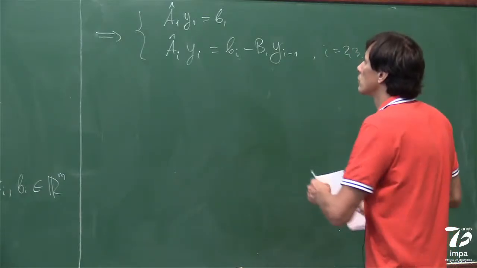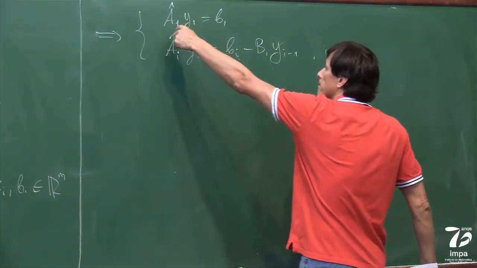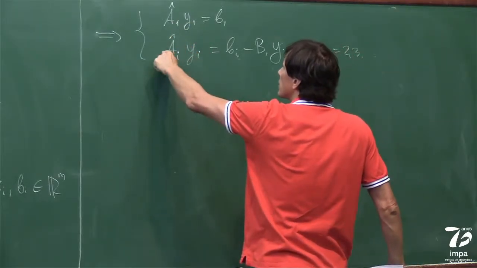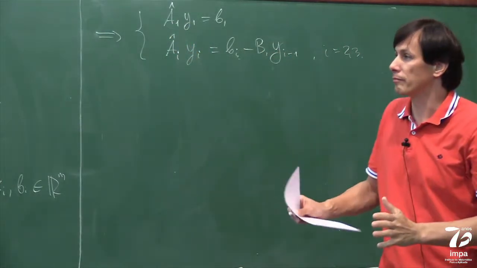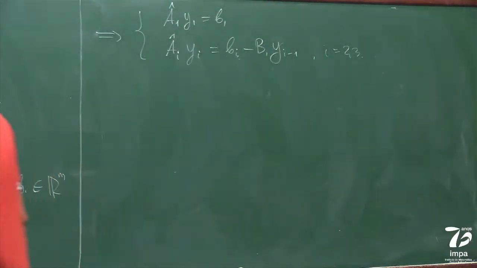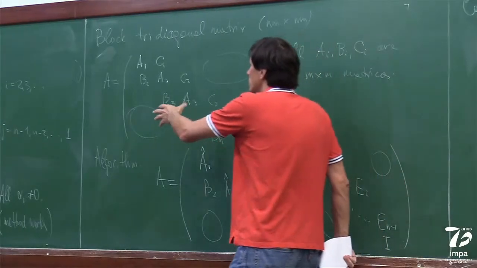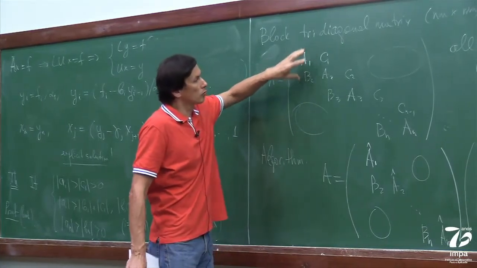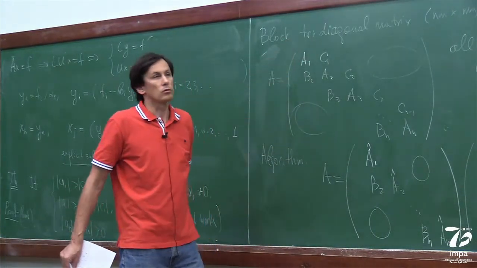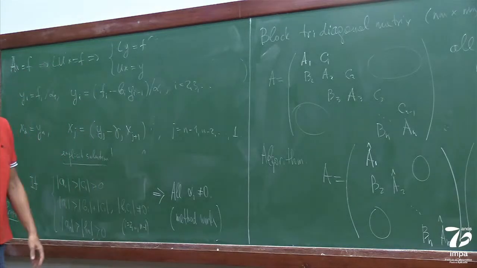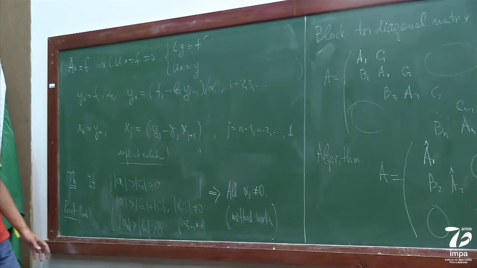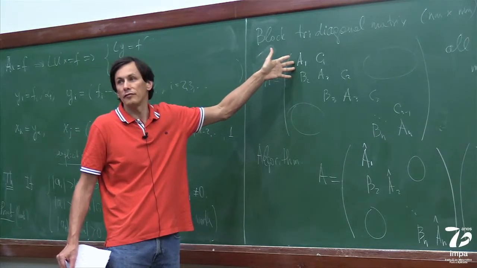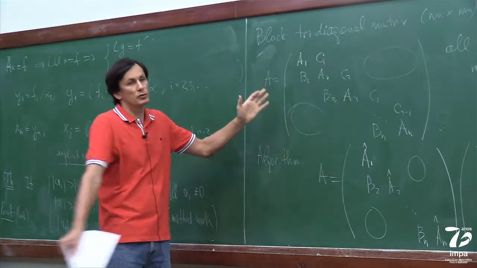At each point you have to solve a linear system for these A matrices, but this is a much smaller system than the big one, right? So usually this method is applied when the blocks are small, but the matrix is huge. For example, when you solve partial differential equations numerically, the block is maybe 3 by 3, and the number of blocks is a million.